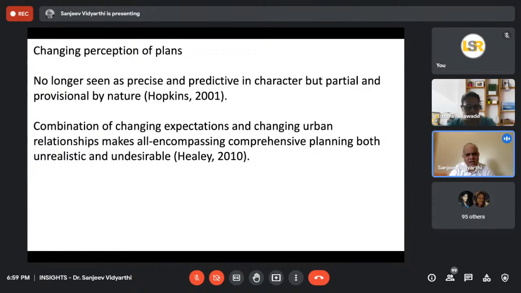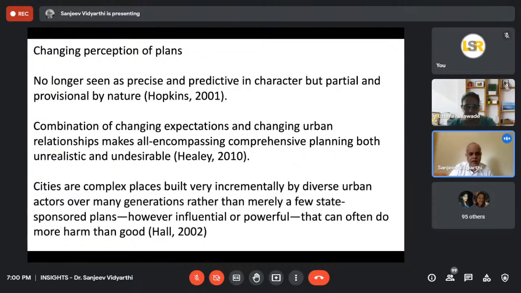All-encompassing master planning is both unrealistic and undesirable. वो realistic हम बनाते हैं plan को जब तक 10 साल बाद पता चलता है उसमें से 50% चीजें नहीं कर पाए. So we should not carry this burden on our shoulder. In other words, we should say, hey, this is the plan that does some major things, but leaves a lot of things that we can decide as we go forward.